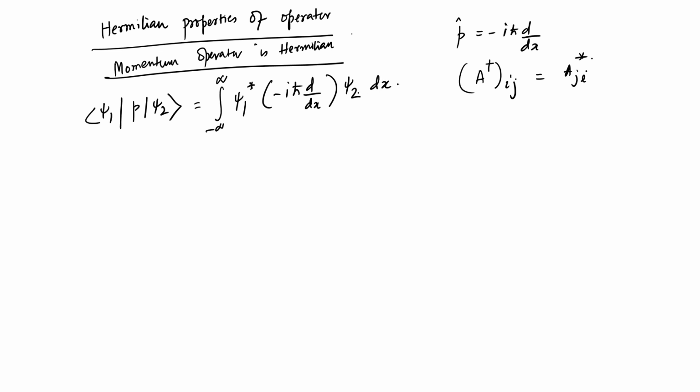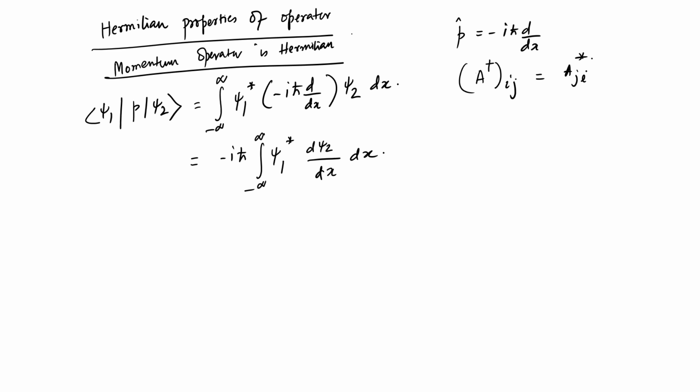There is no loss of generality, because you can trivially extend it to more than one dimension. Okay, and this is equal to minus i h cross times the integral from minus infinity to plus infinity of psi 1 star and d psi 2/dx. That is, d/dx acts on psi 2, whatever is there on the right of d/dx will act on that. So, now how do we evaluate this integral?